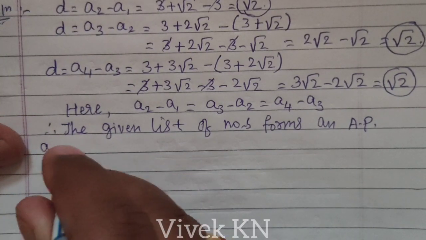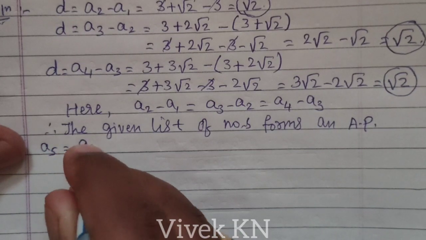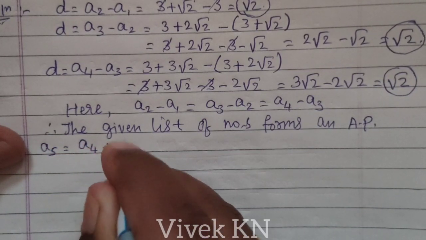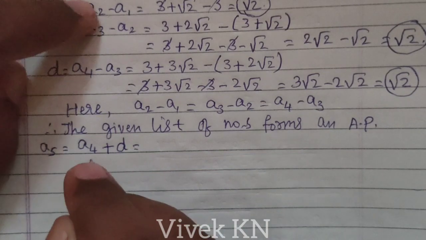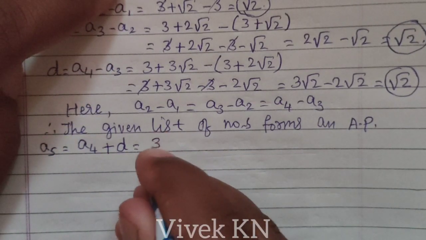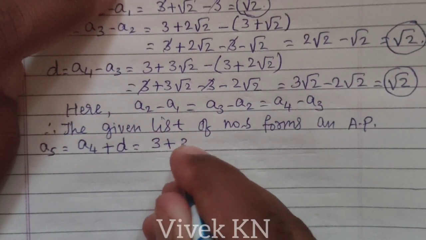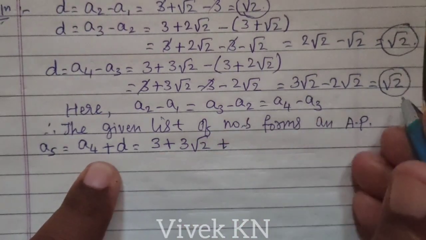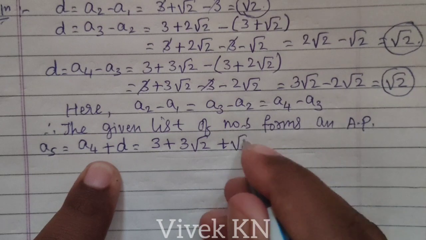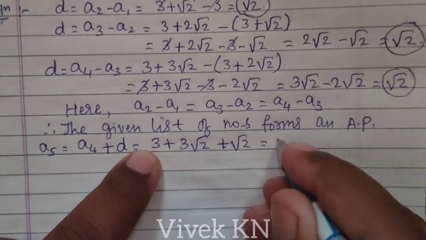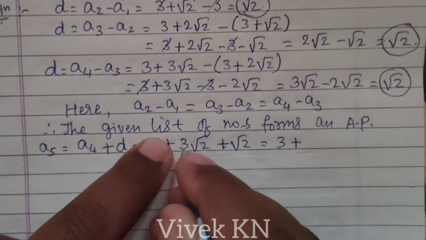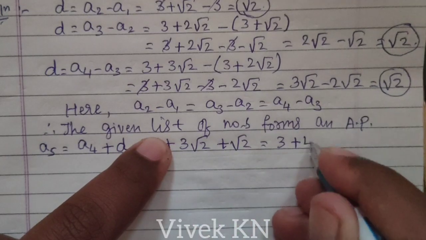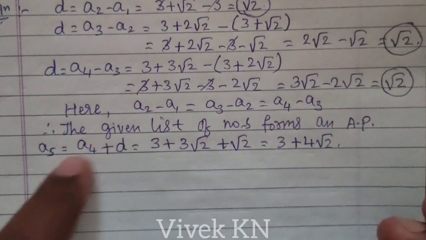That is a5 is obtained by adding common difference to the 4th term. That is a4 is equal to 3 plus 3 root 2, plus value of d, which is root 2, equal to 3 plus 4 root 2.